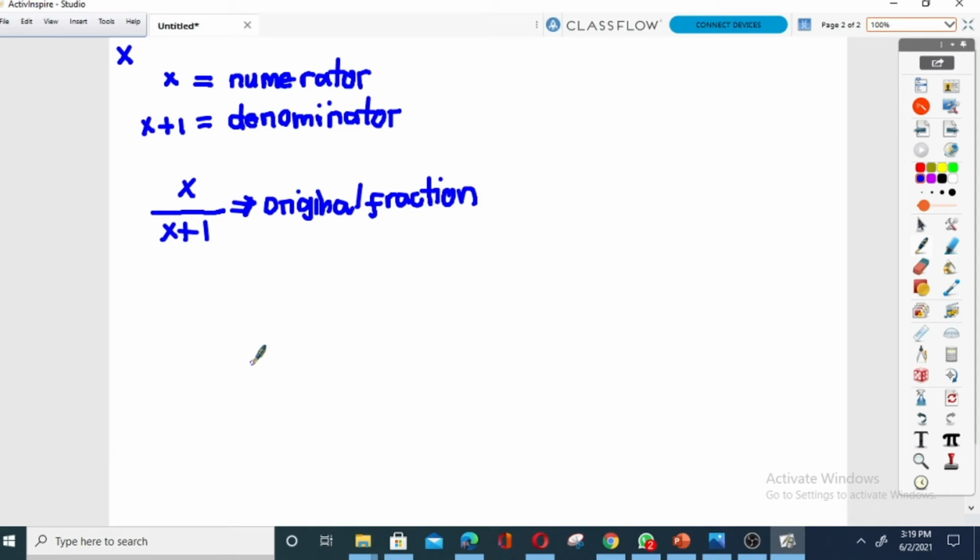Right, so let us proceed in reading the second sentence. If the numerator, our numerator is x, is decreased by 1, that means x minus 1, and the denominator is increased by 2, so this is the new numerator.